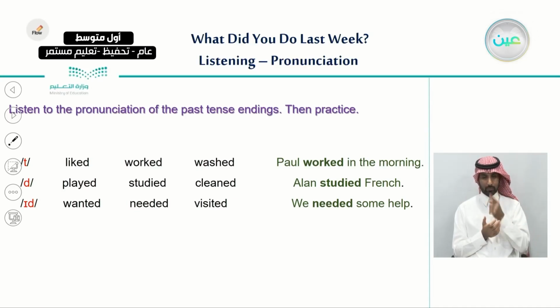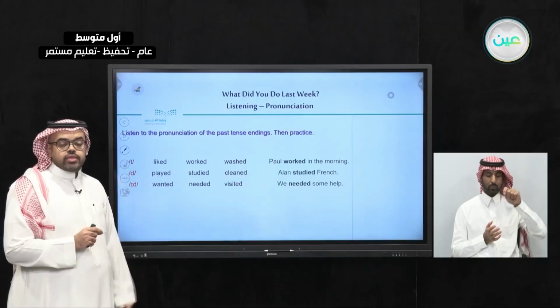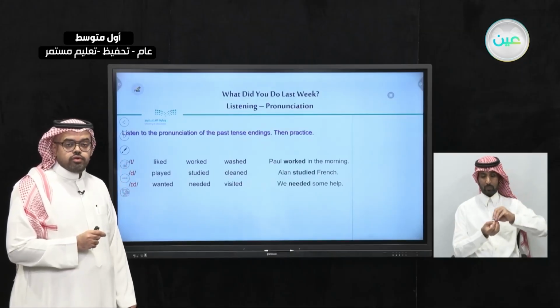So for these verbs, we usually pronounce the ending in a T sound. So repeat after me. Liked. Worked. Washed. So here we have a slight T that is pronounced at the end of these verbs.